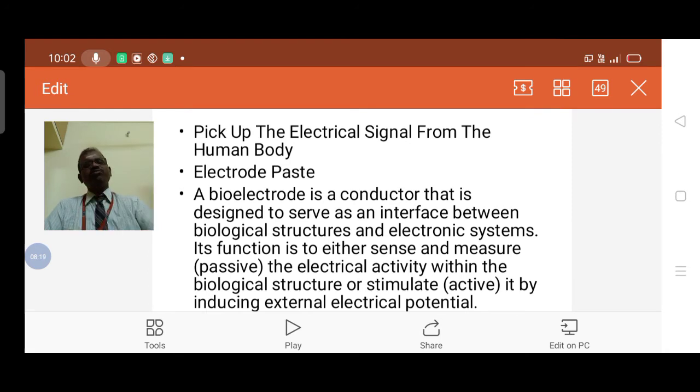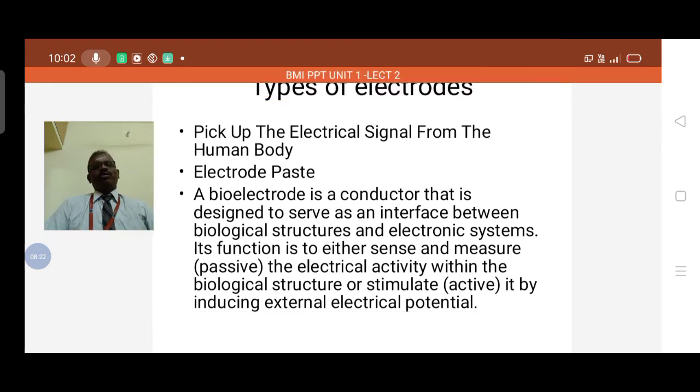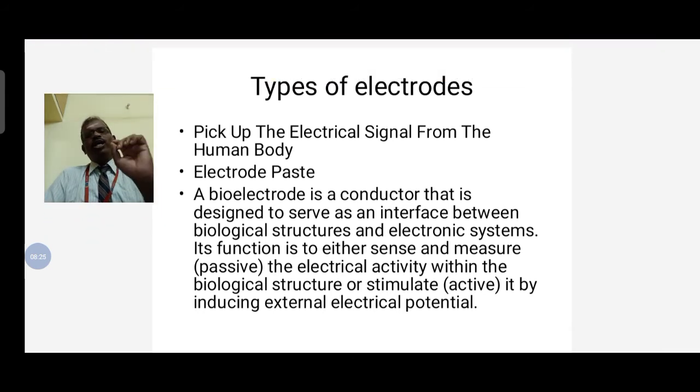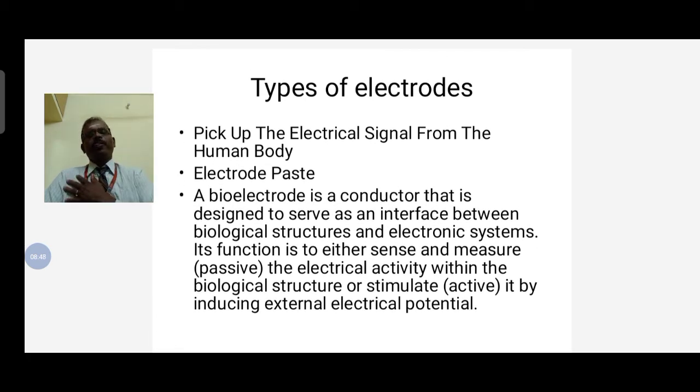How to interface these two systems is called bioelectrodes. Its function is either to sense and measure the electrical activity of a biological structure, meaning the human body, or to stimulate by inducing an external electrical potential given through the body.